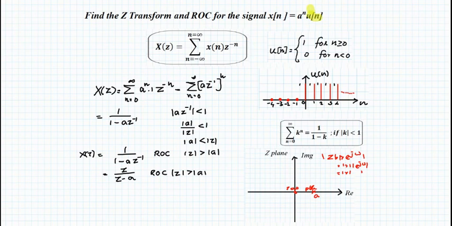This actually represents a circle whose radius is a. So this is a circle whose radius is a.